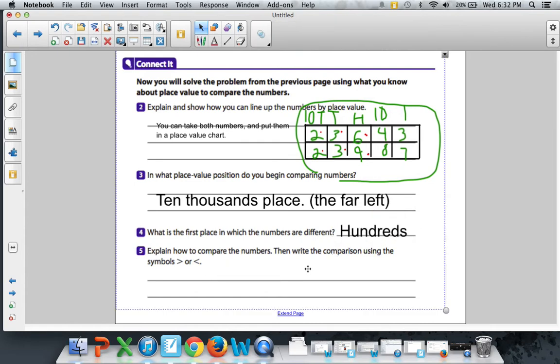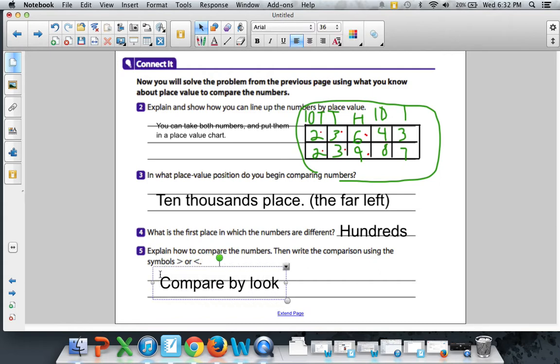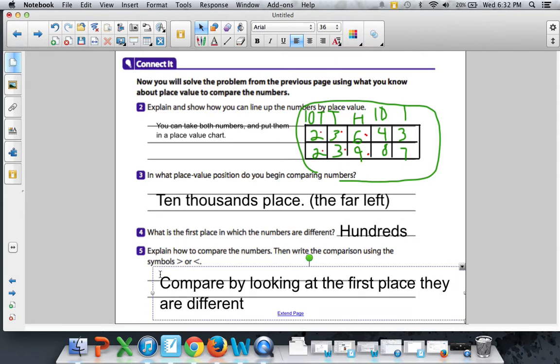Explain how to compare the numbers, then write the comparison using the symbols greater than or less than. It's easy. Compare by looking at the first place they are different. And then comparing them is easy.